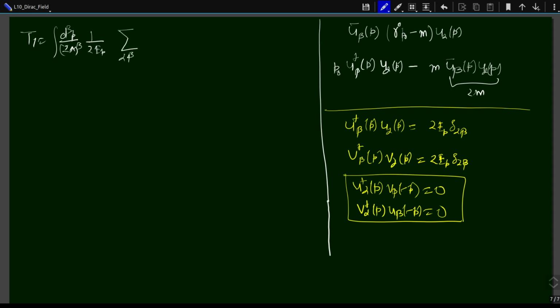The term with u beta with u dagger: here what did we have? If we use this piece twice ep, and twice m over here, and p0 is ep, I have here twice ep square. This quantity is twice ep times delta alpha beta, and here is 2m minus twice m square delta alpha beta. Now what is this? This is nothing but twice p square delta alpha beta, where p is the momentum.